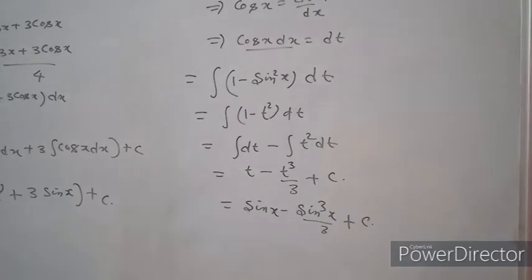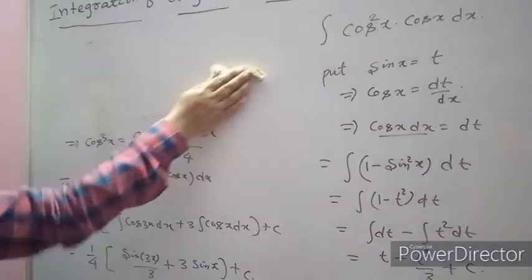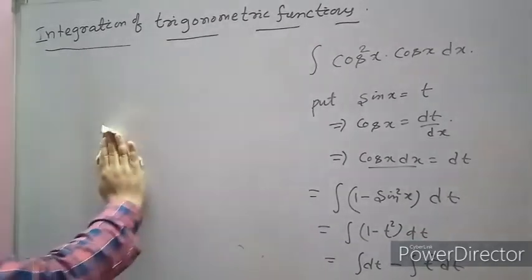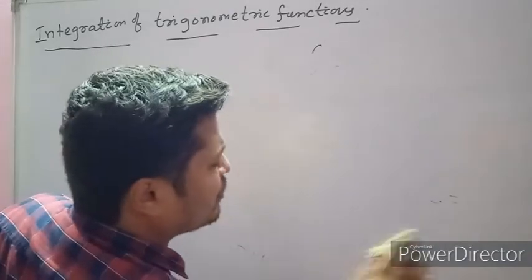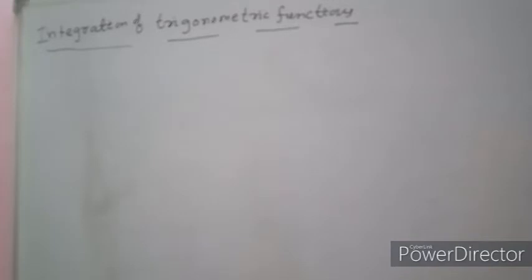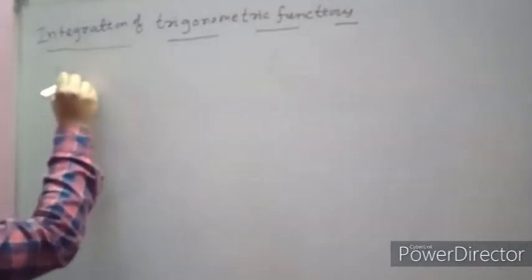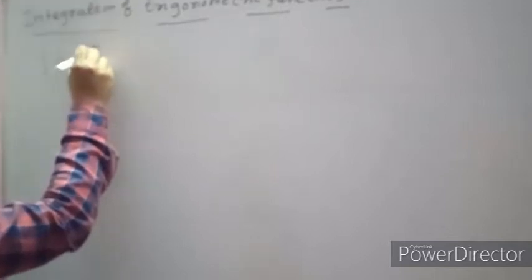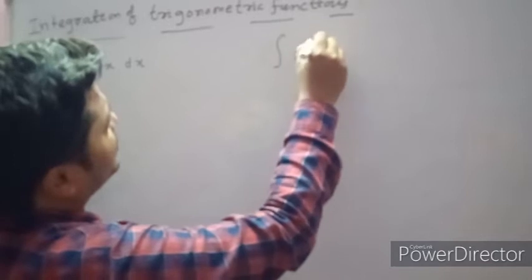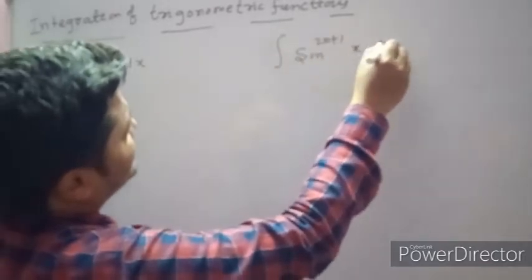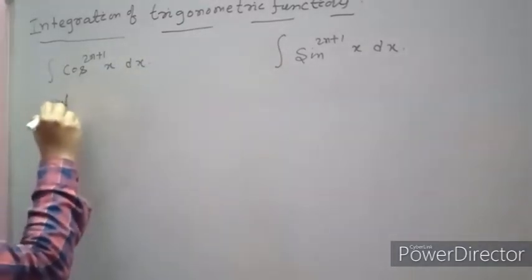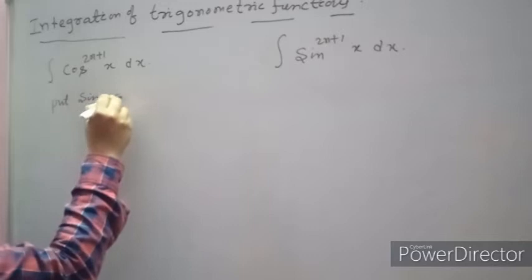Analyze this. If you have, say, an odd power of cos x, right? Suppose you have integration cos to the power 2n plus 1 of x dx, or you have, say, integration sin to the power 2n plus 1 of x dx. When you have cos 2n plus 1 x dx, you put sin x equal to t.